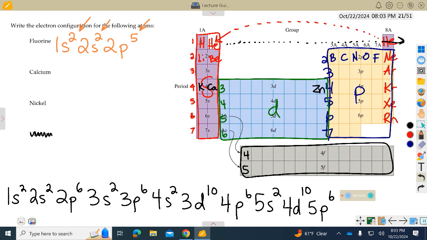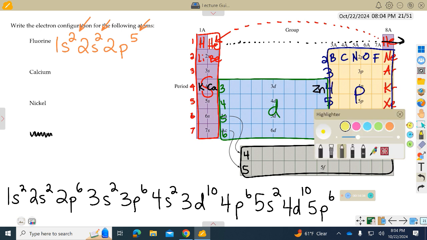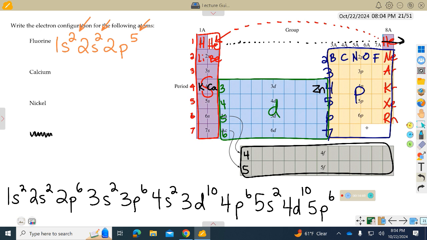When the elements start getting a little bigger, do you remember there's this noble gas shortcut? So the noble gases are this group, helium, neon, argon, krypton, xenon, radon. They represent atoms where all the orbitals are full.